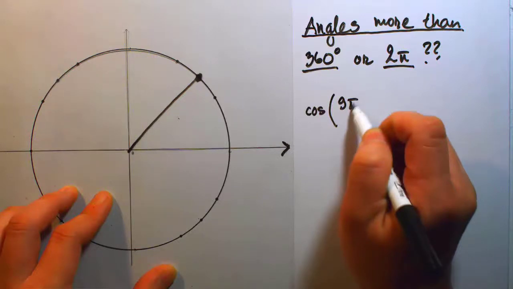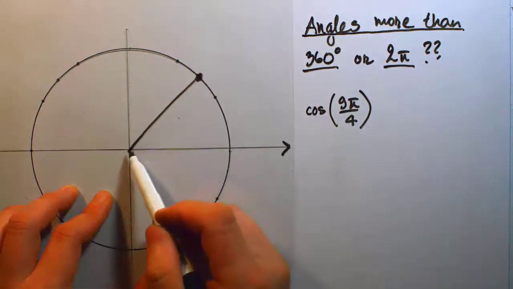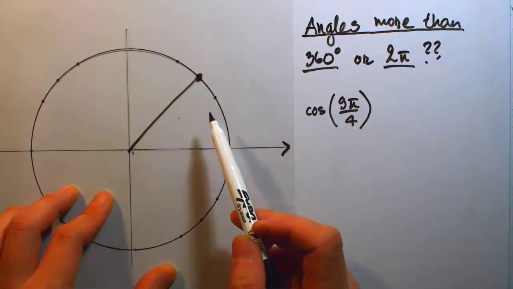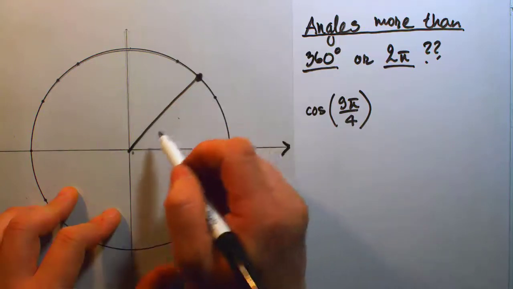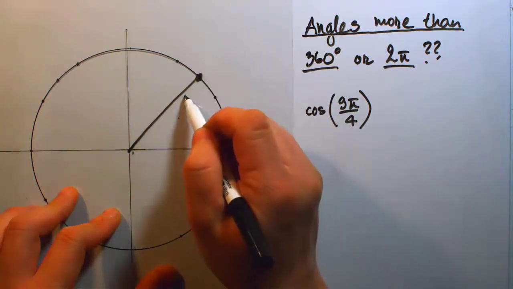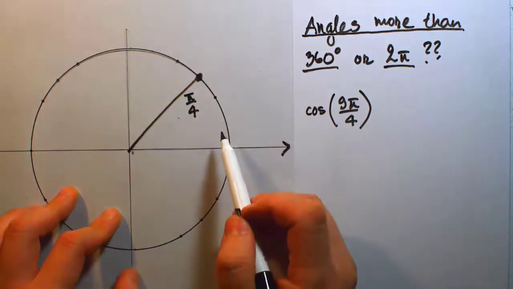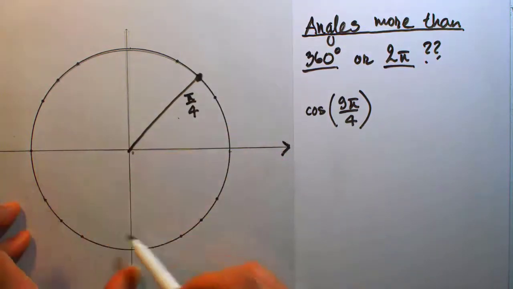Remember, when we were learning about angles being more than one rotation, the angle within one rotation here is a pi over 4 angle, if we're looking at that angle on a unit circle.